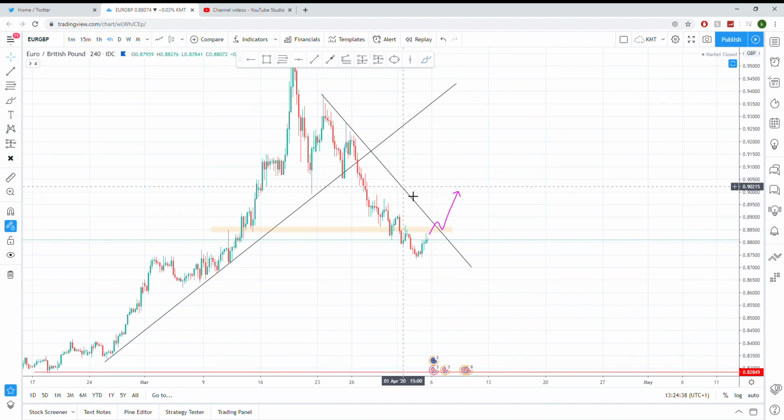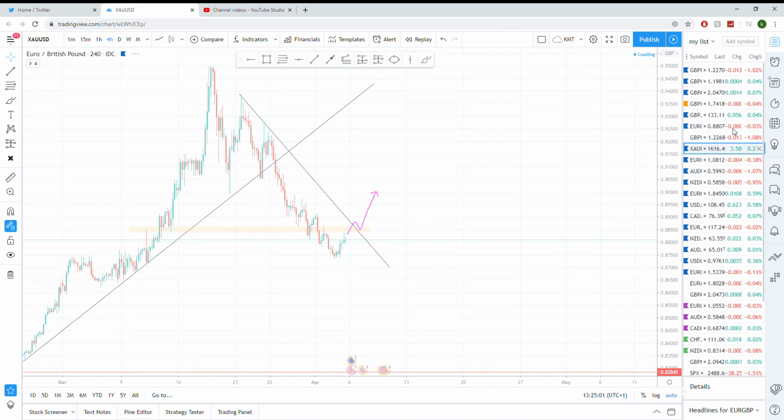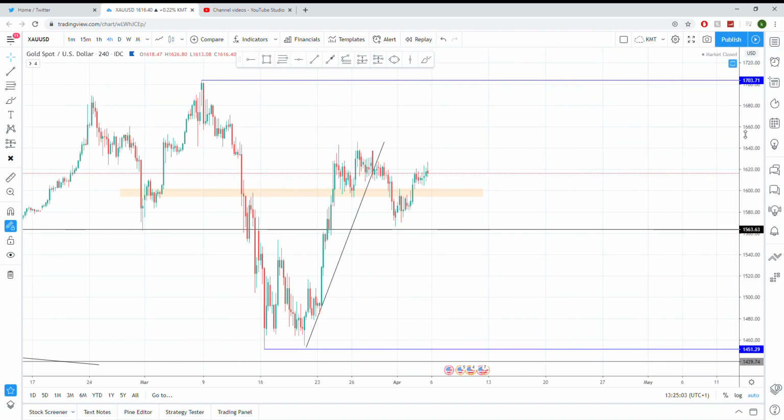So a few confluences here: the downtrend, breaking up of the downtrend, and then retesting on the touch before we get the push to the upside. So that's another strategy on the trend lines, but this all comes in together with the zones.